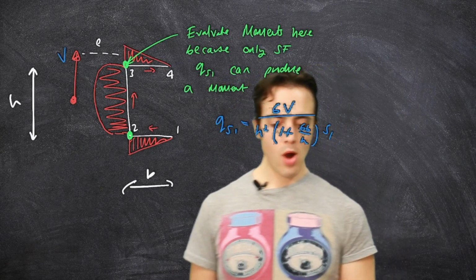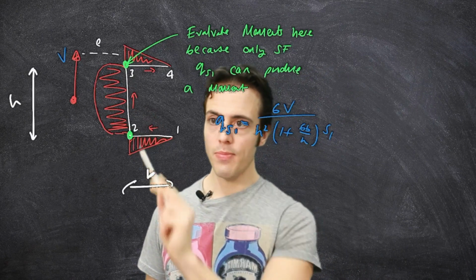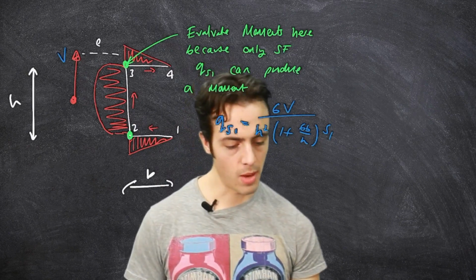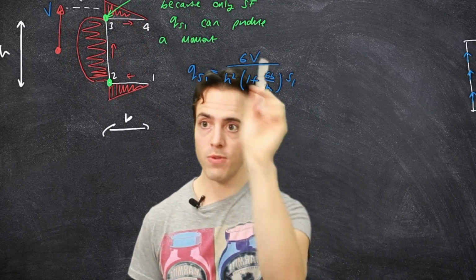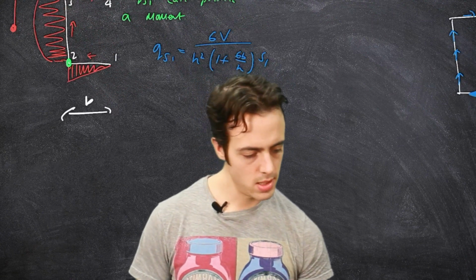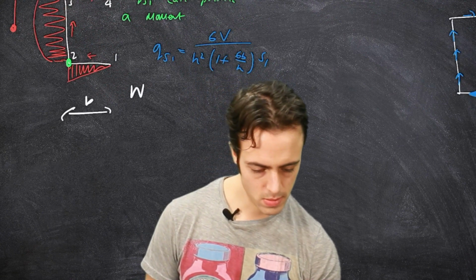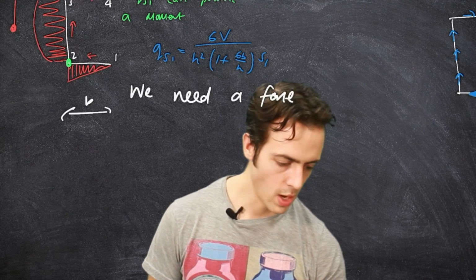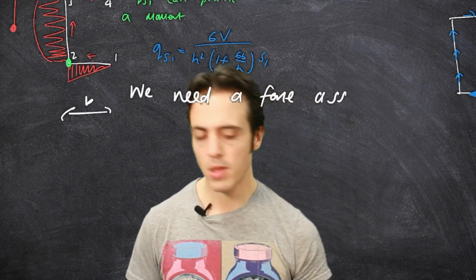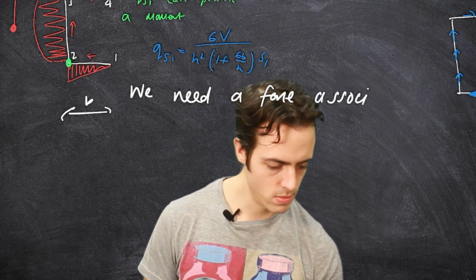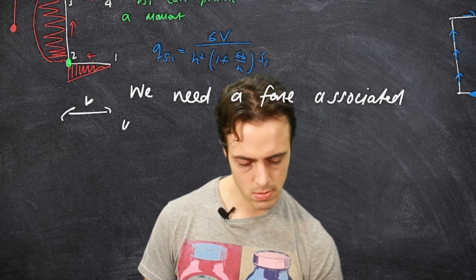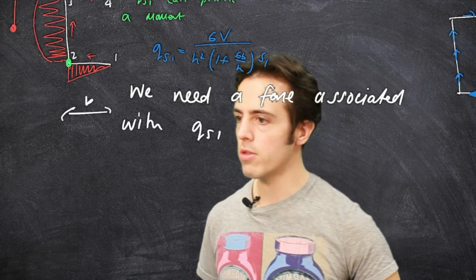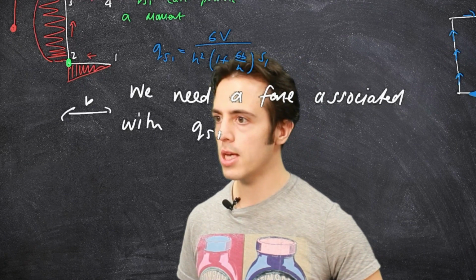We can then work out the moment at this point here. It's going to be whatever the force is multiplied by the height, because that's the moment arm there. So we need a corresponding force associated with QS1. Let me just check that I use the right symbol because I don't want to confuse any nomenclature here.